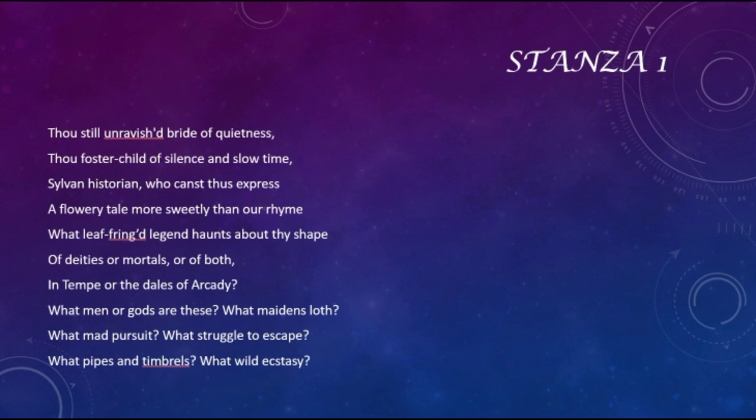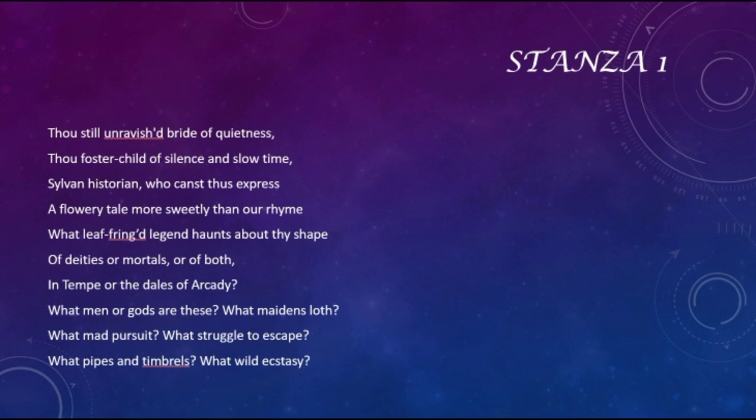Now, note down the word meanings of the first stanza. Still means up to the moment when it was found. The next word, unravished, given in the first line, means untouched. Unravished quietness means the quietness of a thing that has never been disturbed or violated.